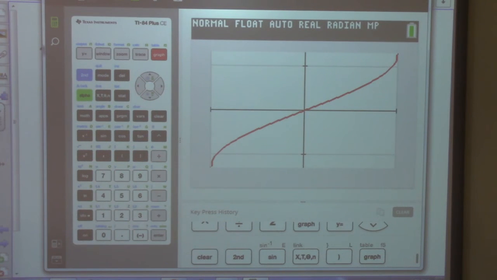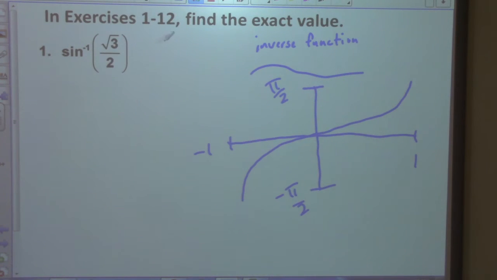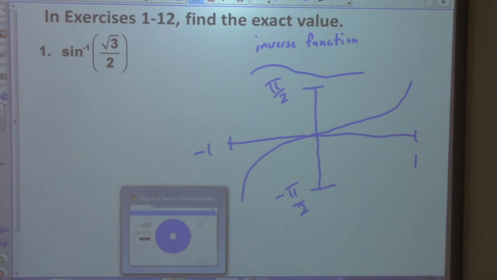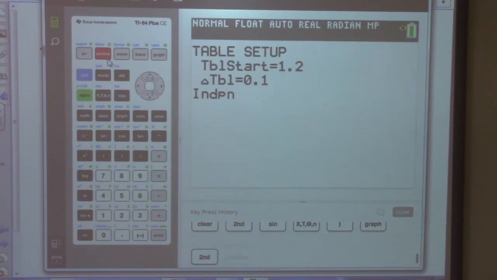So we go ahead and put in this value of square root of 3 over 2, and I'll show you where that is. If we go to our calculator, square root of 3 over 2, table set, yeah.